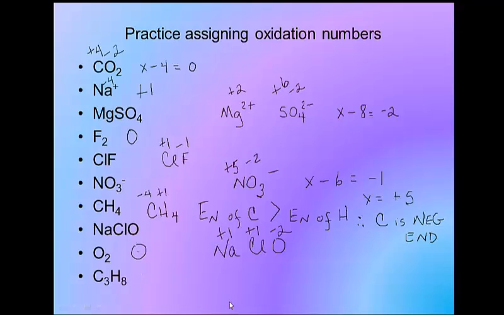Now this one's a little odd. Can you come across fractions for oxidation states? Yes. If you do this one and assign the oxidation state for hydrogen, again, it's the least electronegative of the two. Carbon has the higher electronegativity, so carbon will be the negative end. Hydrogen is a +1. So here's my math.